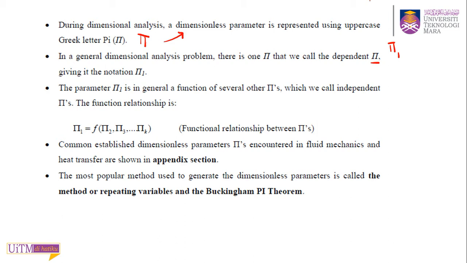It depends on other parameters. So that's why we call it the dependent pi, pi 1. The parameter pi 1 is in general a function of several other pi's, which we call independent pi's: pi 2, pi 3, or pi 4.